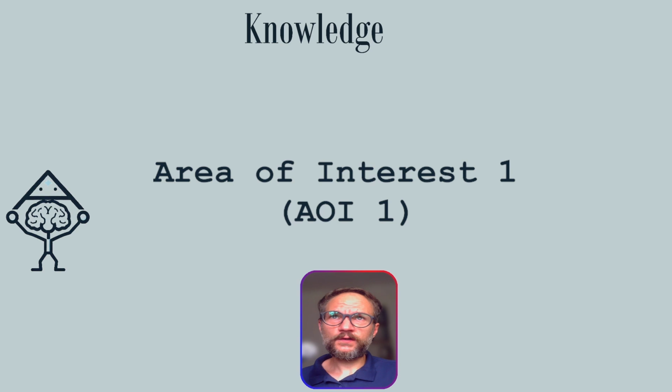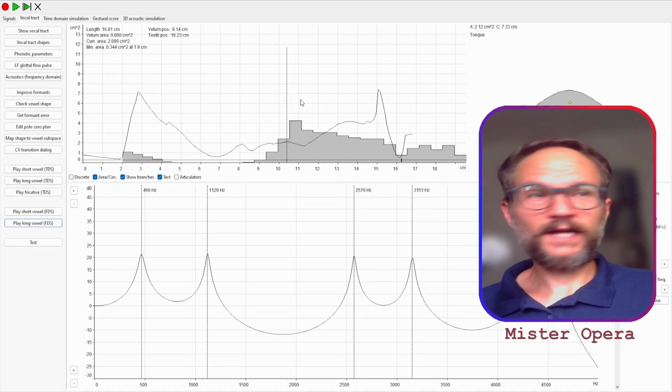The app is also going to give us a lot more information than Pink Trombone did. Pink Trombone just basically makes a sound and you play around and it's just intuitive. This is going to be a little bit less intuitive. So let's take a look at this app, Vocal Tract Lab.